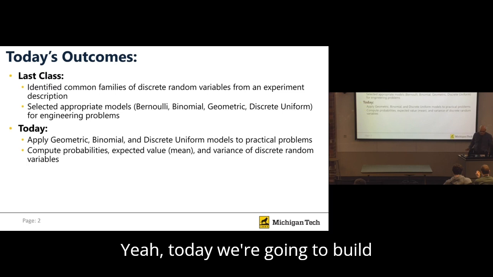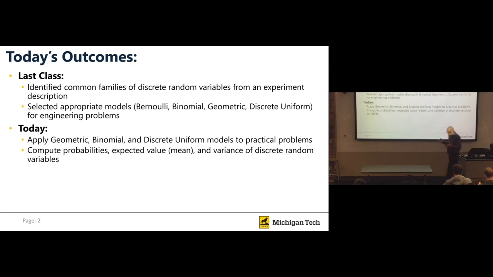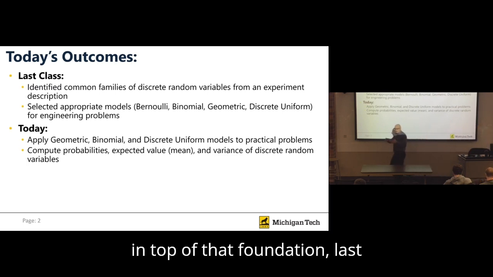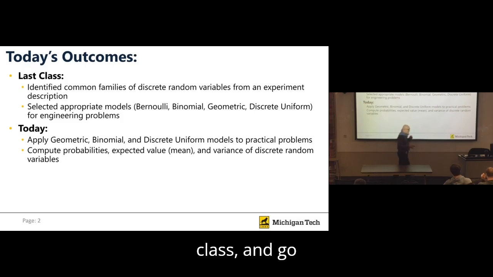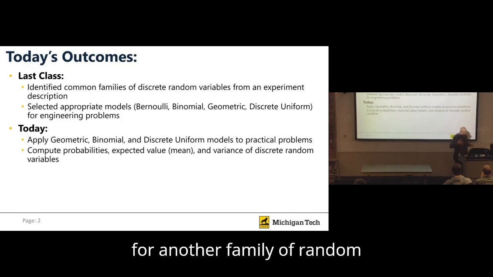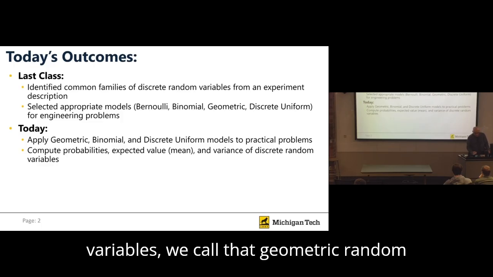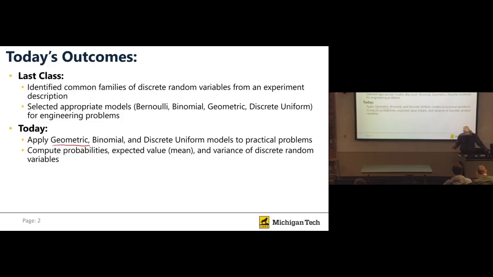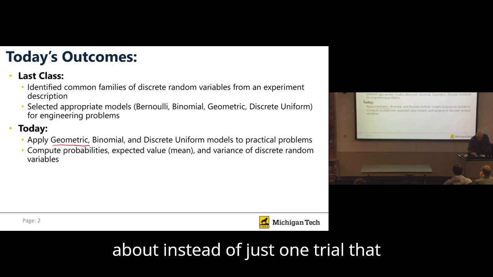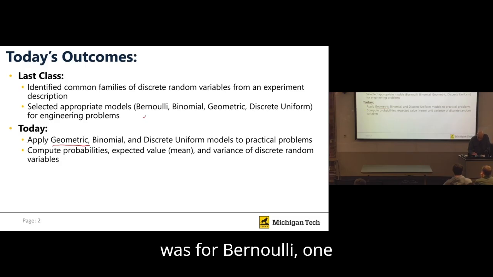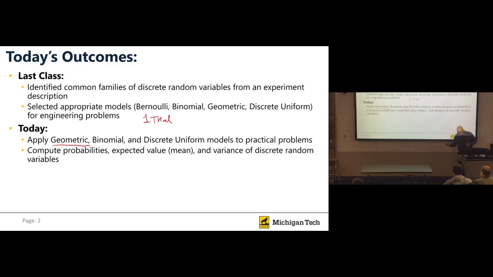Today we're going to build on top of the foundation from last class and go for another family of random variables. We call that the geometric random variable. Instead of just one trial, as for Bernoulli, we do multiple trials.